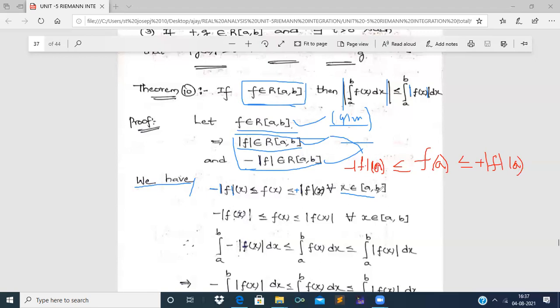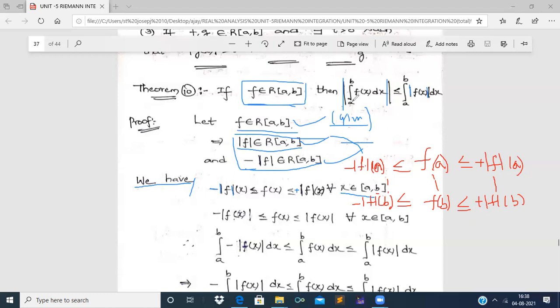If we substitute b also, then we can write minus mod f(b) less than or equal to f(b), less than or equal to plus mod f(b). And the same condition will be true for every value lying in between a and b.